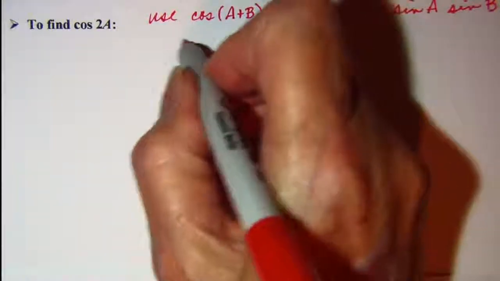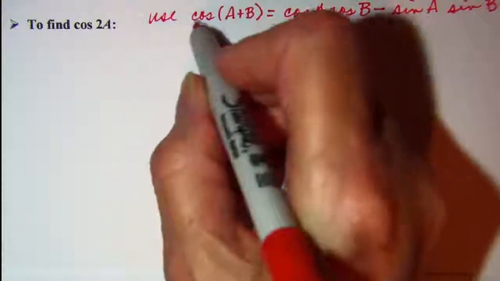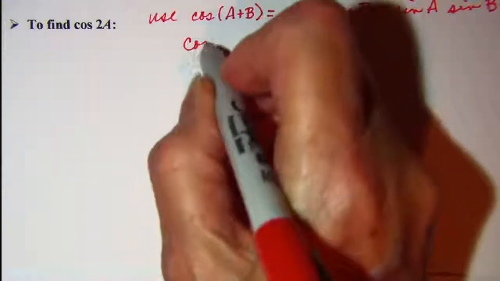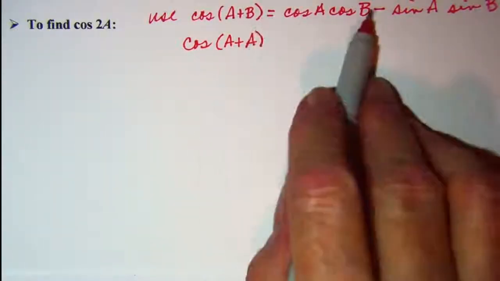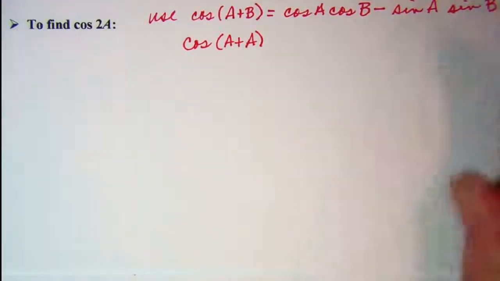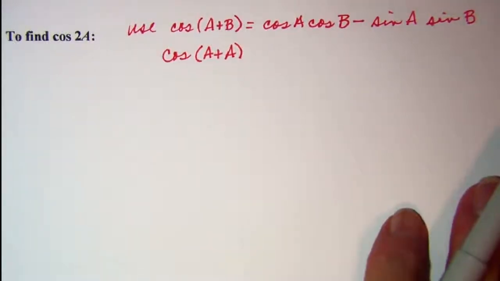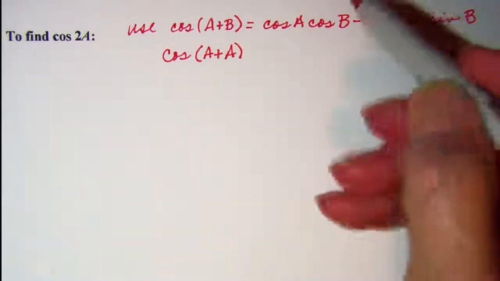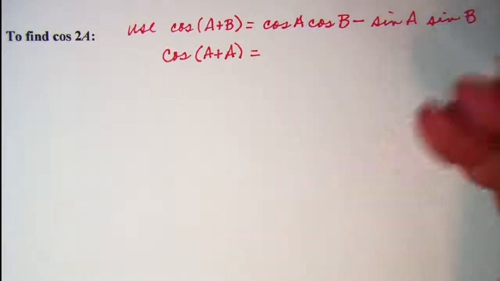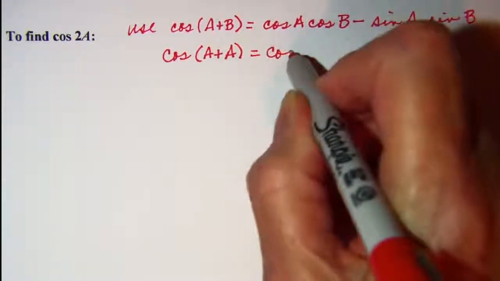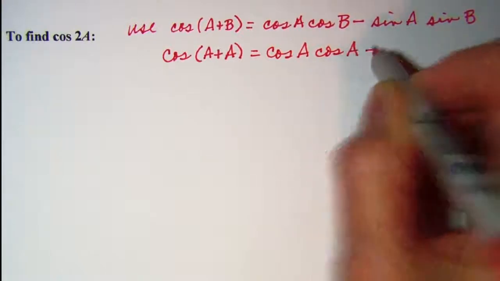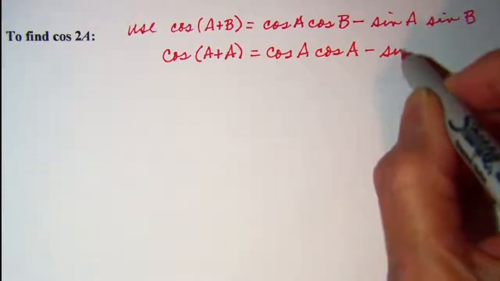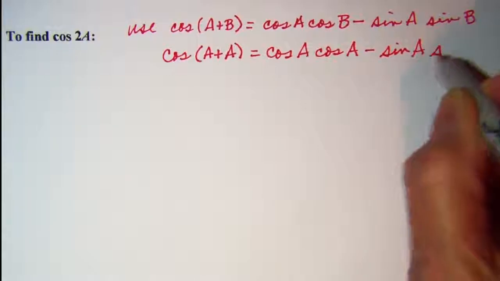So for cosine of 2a, I'm going to write cosine a plus a. And again, I'll just take the b out here and here and put an a in its place. So cosine a plus a is cosine a cosine a minus sine a sine a.